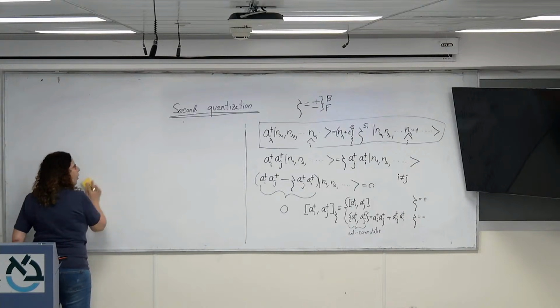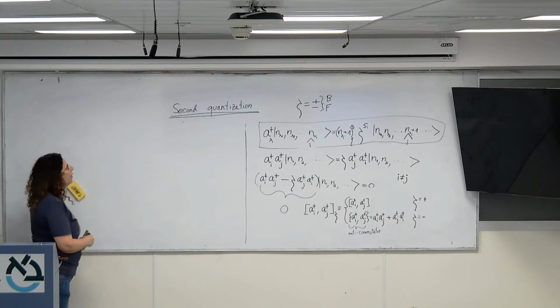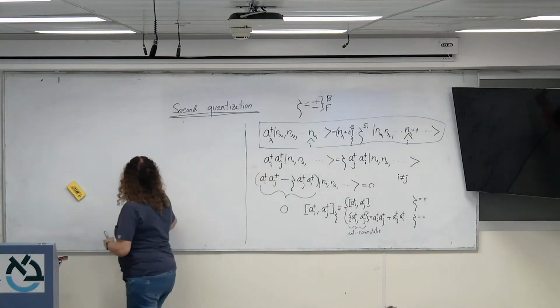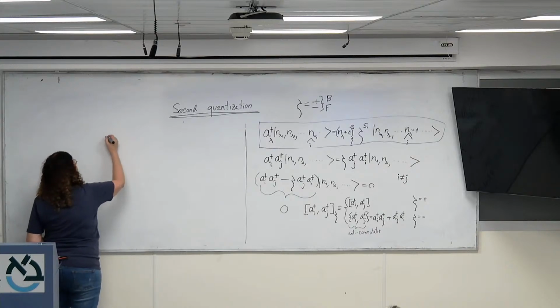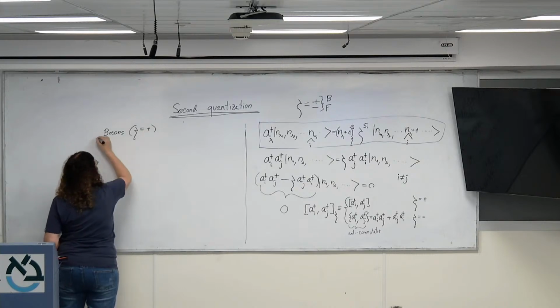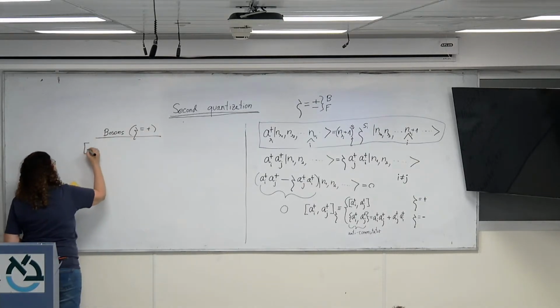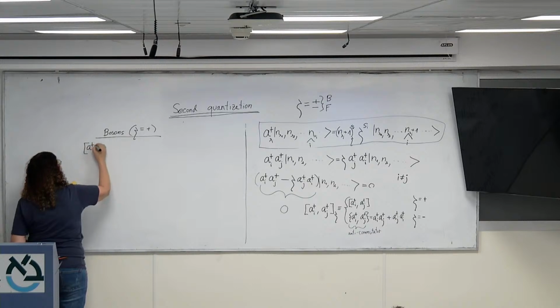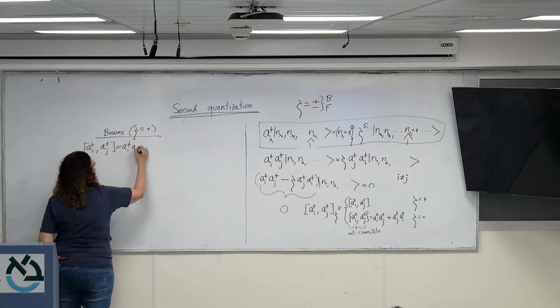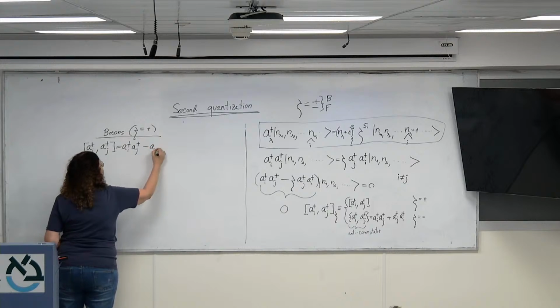And again, it just follows from our definition of the creation operator. We get that for bosons, zeta equals plus, we prove that a_i dagger commutator with a_j dagger is zero, which, if I write it explicitly, is just this familiar object.